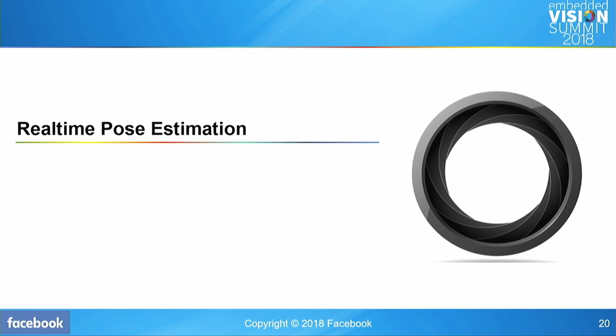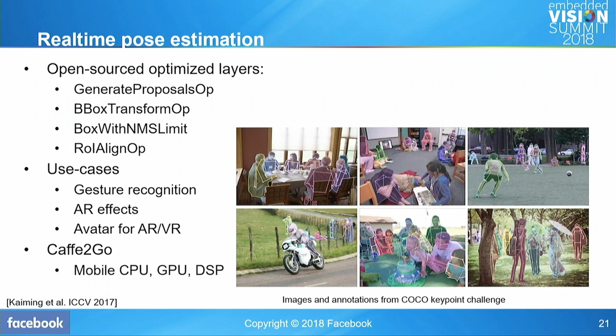So next, I would like to discuss a little bit about pose estimation. This is a little bit of follow-up work on real-time style transfer. Here we do real-time key point estimation on the phone itself. It also shipped at F8 with some of the effects for that, and fortunately, we also open-sourced the whole training code and the efficiently optimized layers necessary for running real-time key point estimation on a mobile phone.